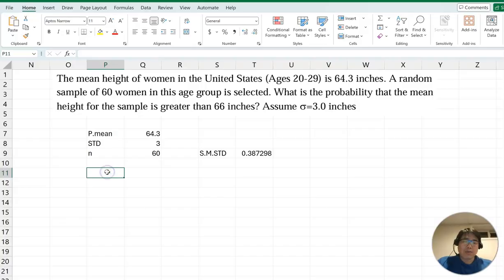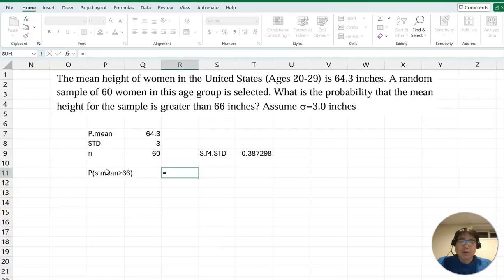The question is the sample mean is bigger than 66 inches. So we can do 1 minus, because the right side means, when you make a normal distribution, it always generates the left side area. That's the reason.